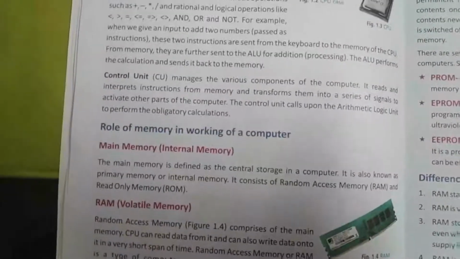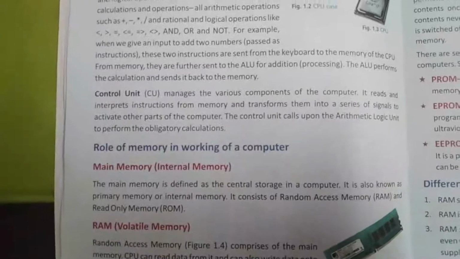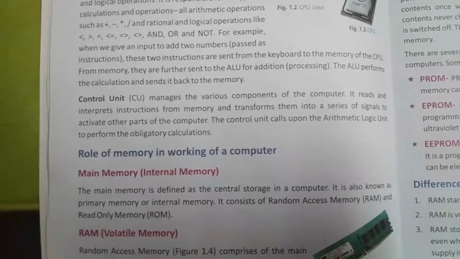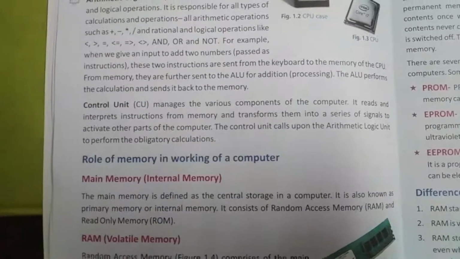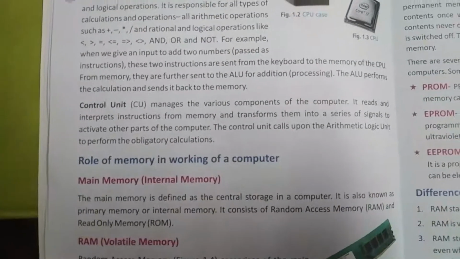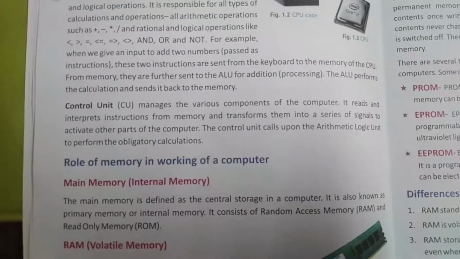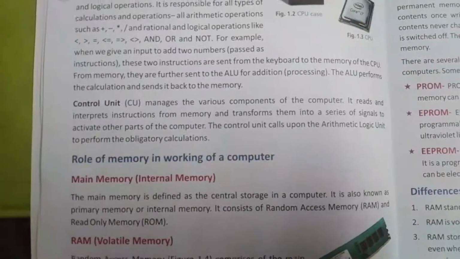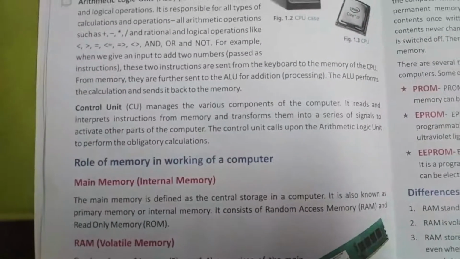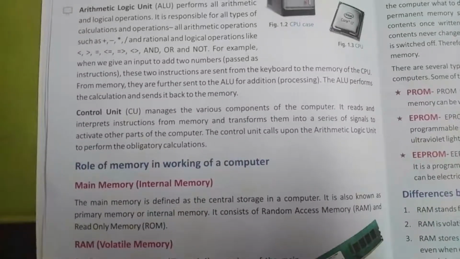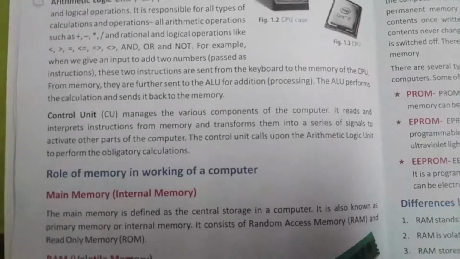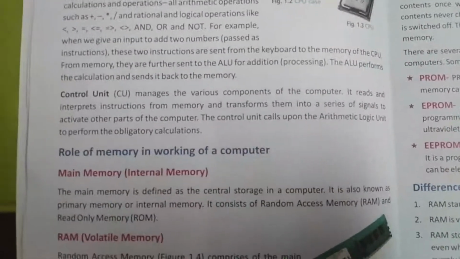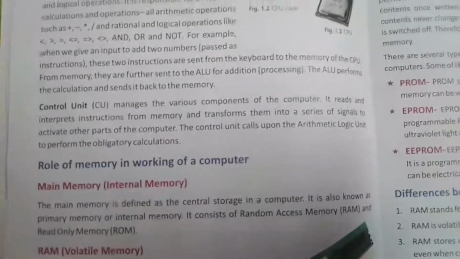So how does it work? When we give an instruction through the keyboard to the memory of the CPU, from memory it is further sent to the ALU for addition or whatever processing. Then the ALU performs the calculation and sends it back to the memory. So this is the process taking place in the ALU. Then moving on to the control unit.